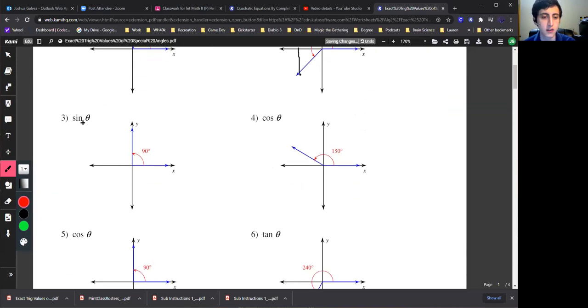All right, so the sine of 90 degrees. You're turning 90 degrees. This is actually just 1. This one doesn't really go with what I'm trying to teach you, so sine of 90 degrees is just 1. Cosine of 150 degrees. Okay, so 150 degrees, you can see that the cosine would be from here to here.